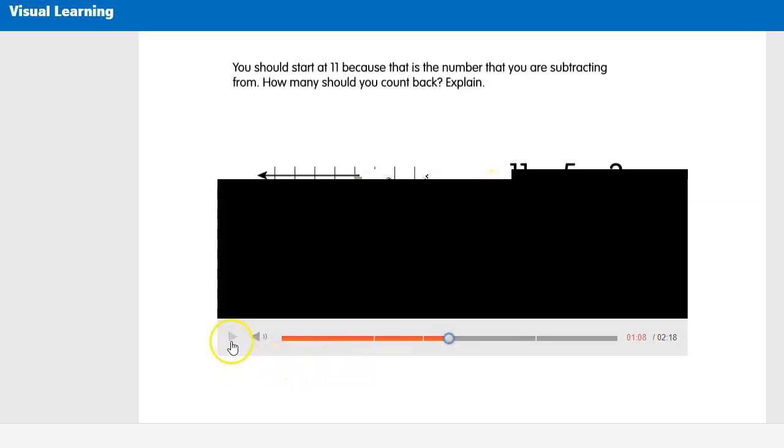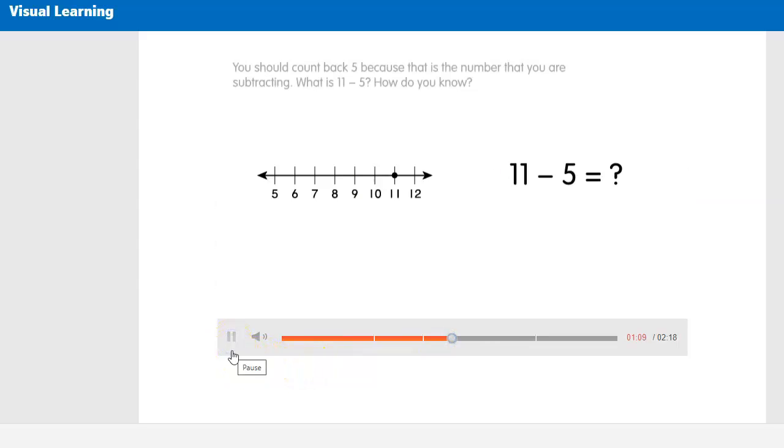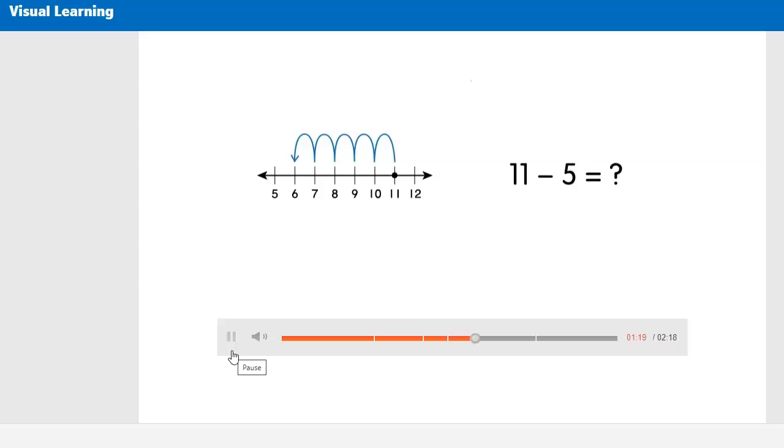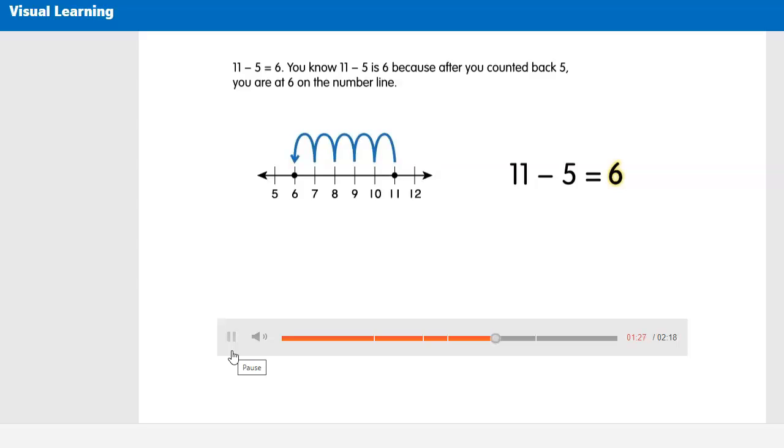Explain. You should count back 5 because that is the number that you are subtracting. What is 11 minus 5? How do you know? 11 minus 5 equals 6. You know 11 minus 5 is 6 because after you counted back 5, you are at 6 on the number line.